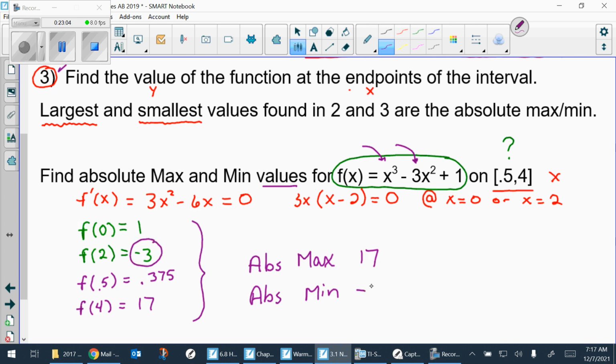I believe that's -3. So hopefully that helps you make sense out of section 3.1. And refer back to these anytime you're working on the assignment and you're asked about finding the absolute max, absolute min, local max, local min for any function.